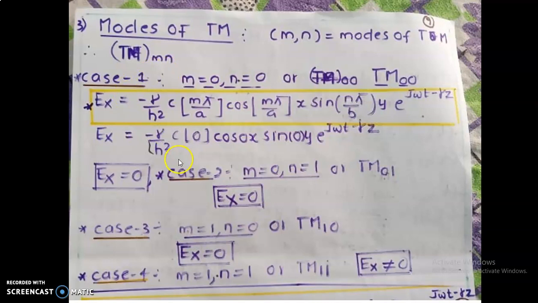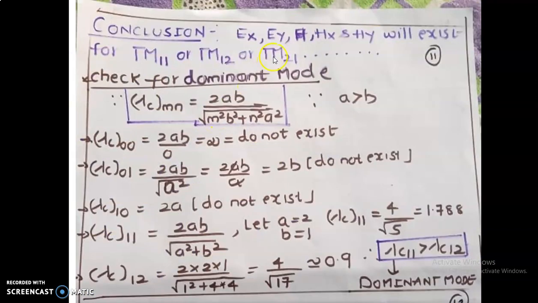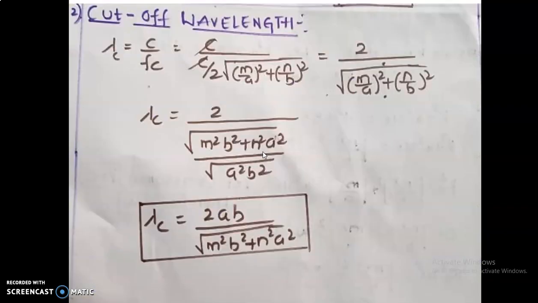I hope you have understood. So this is about the modes. Now the conclusion is that Ex, Ey, Hx and Hy will exist for m, n equal to 1 1 or 1 2 and so on. I hope you have understood about modes.